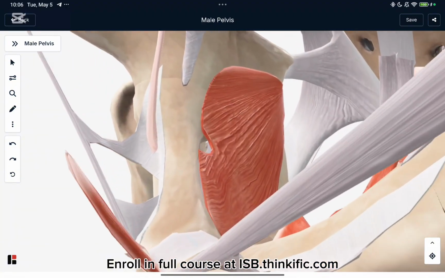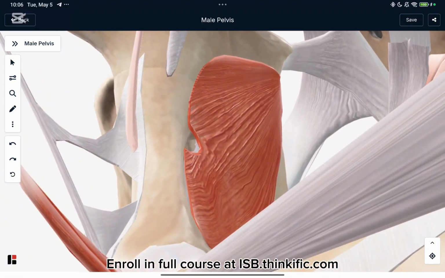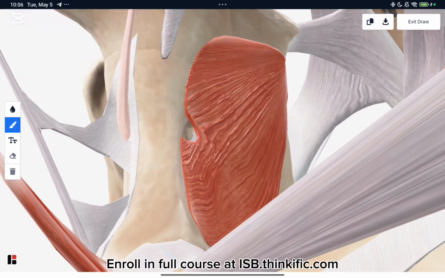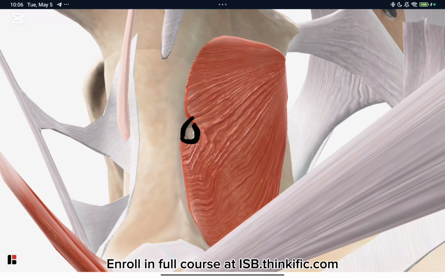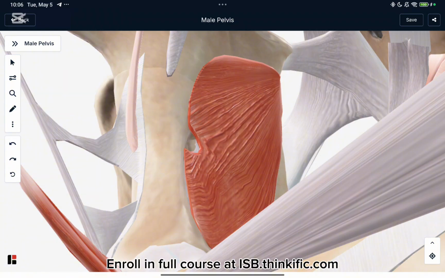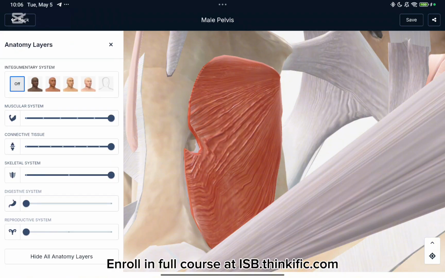There is an aperture here, which is the obturator canal, right? Obturator canal is bordered by obturator membrane and obturator internus muscle from inside and obturator externus from outside, and the superior pubic ramus, particularly the obturator groove, above.